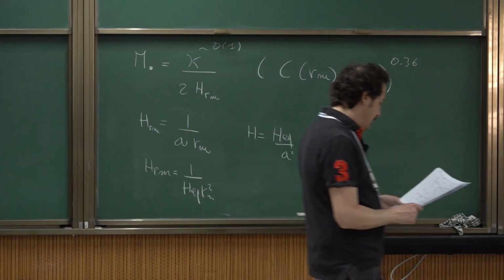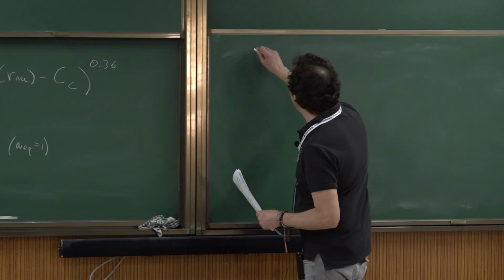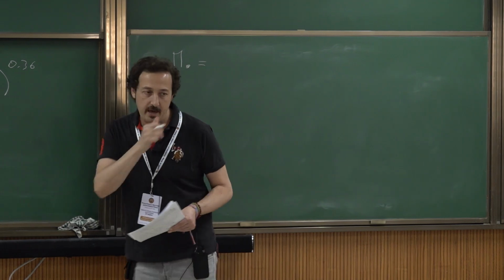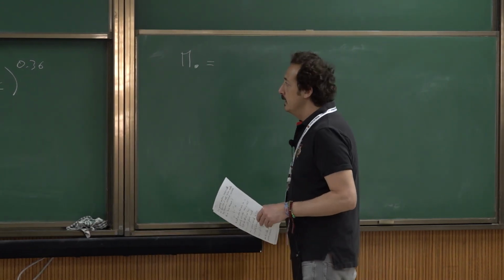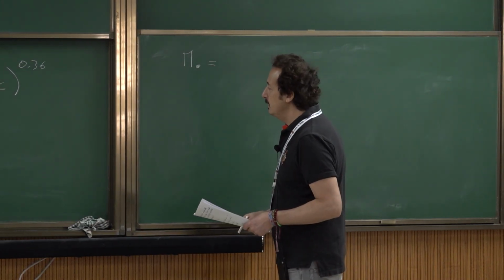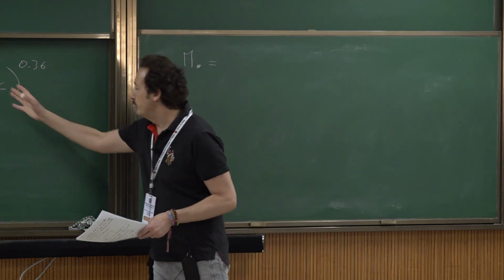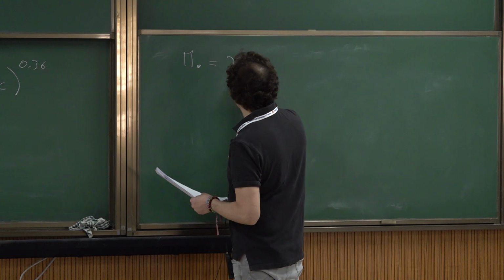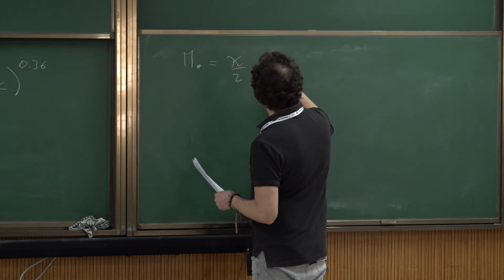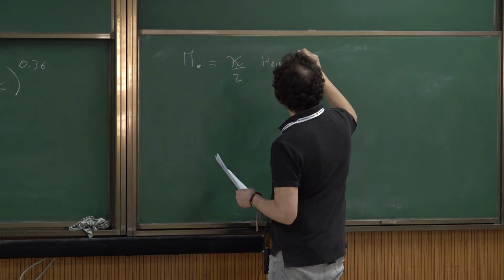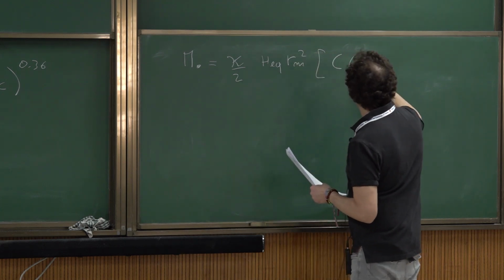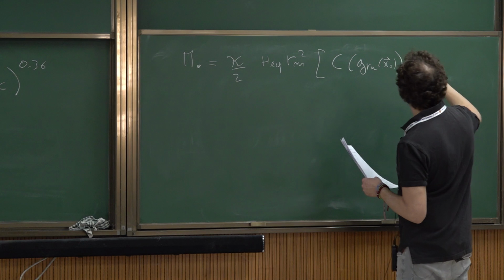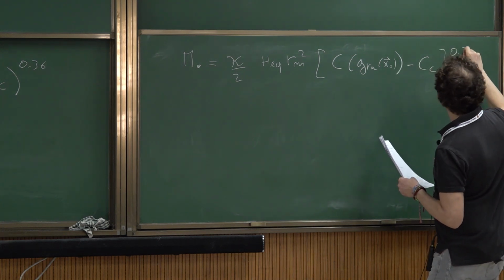So note that the mass of the black hole we can better write now in the variable that we have, which is Rm, and the value of C, or G if you want. So this will be K divided by 2, times H equality Rm squared, times C, let me write G of Rm of x equal 0 minus C critical, to the power 0.36.